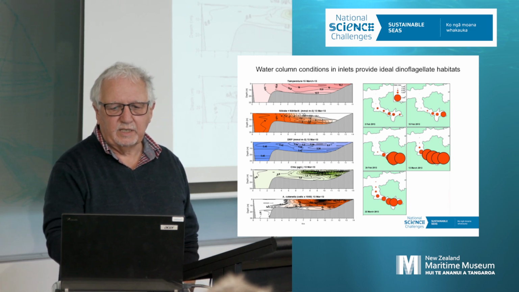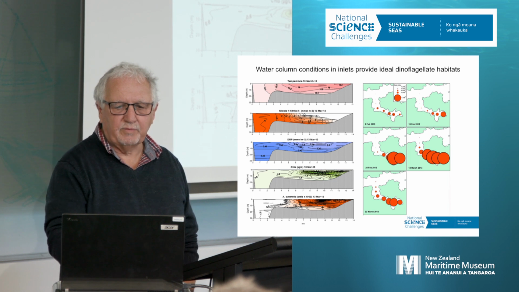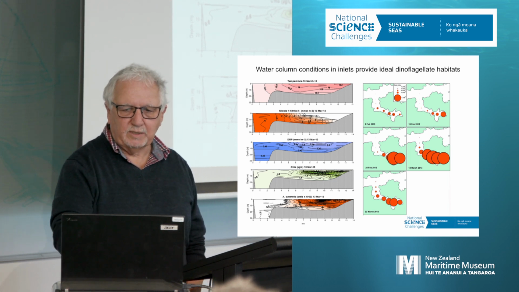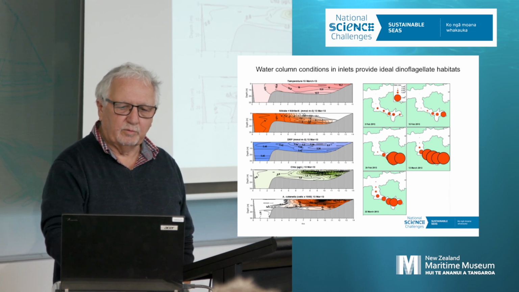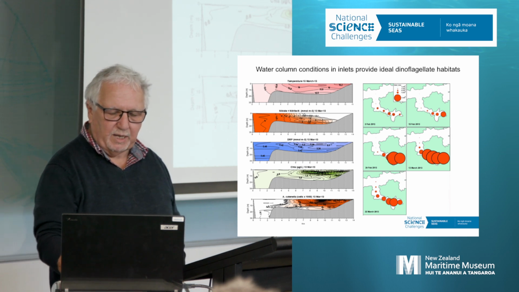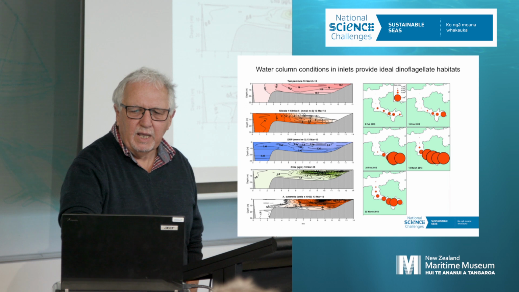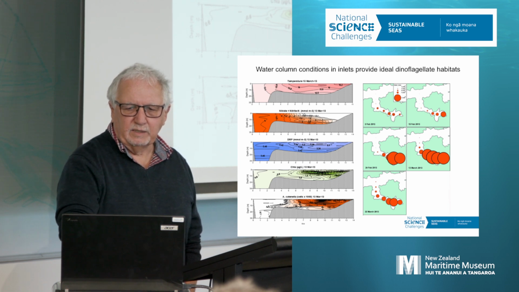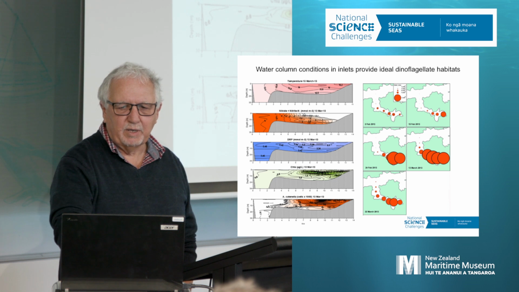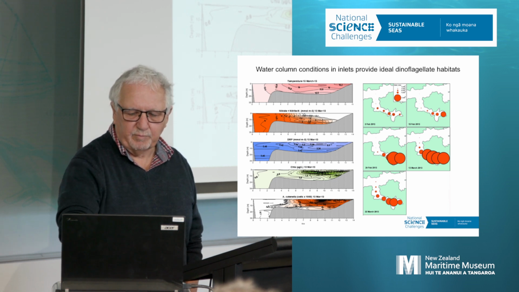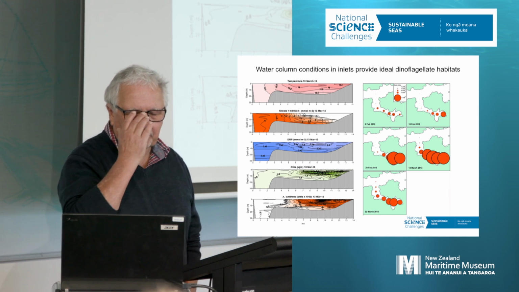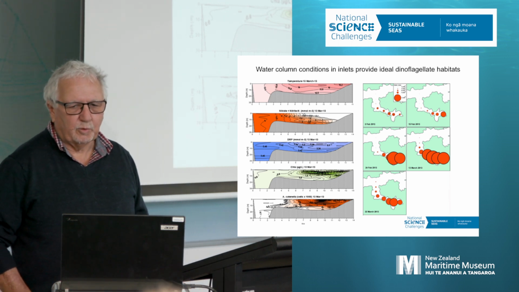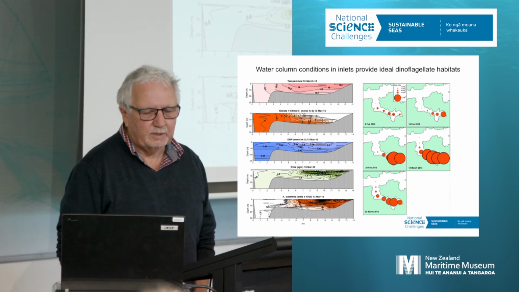In this case, this is the Onapua Inlet off Tory Channel. If you've been on the ferry from Wellington to Picton, you'll go through Tory Channel here, and before you come into the main part of Queen Charlotte Sound, you'll pass this on the way in. It's quite a long enclosed inlet. During summer, the water temperatures increase in this area, and water column stratification develops. There's an interesting feature of Tory Channel in that it's a very turbulent area.